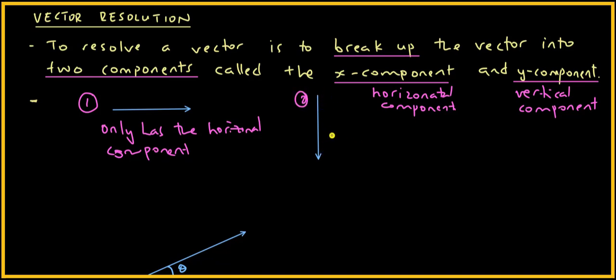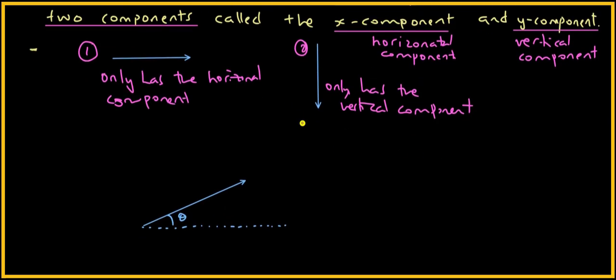So this particular vector only has the vertical component. It does not have any horizontal component to it. So a vector which is horizontal only has a horizontal component and no vertical component. A vector which is vertical only has the vertical component and no horizontal component.